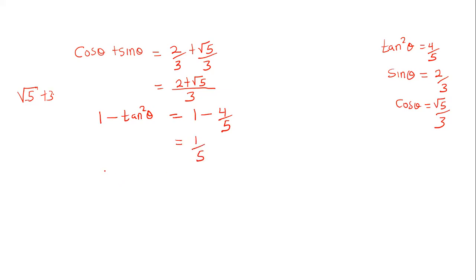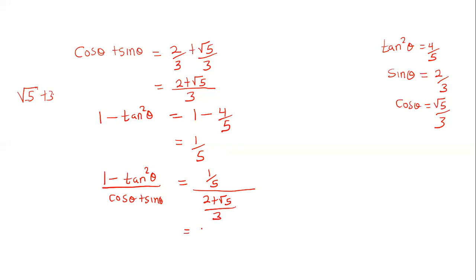So I go back. My original thing was 1 minus tan squared theta out of cos theta plus sine theta. So this one is going to be 1 out of 5 divided by 2 plus root of 5 out of 3.